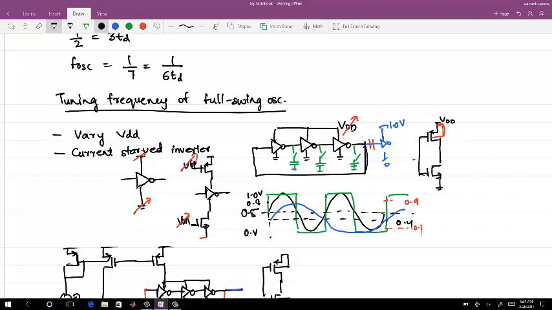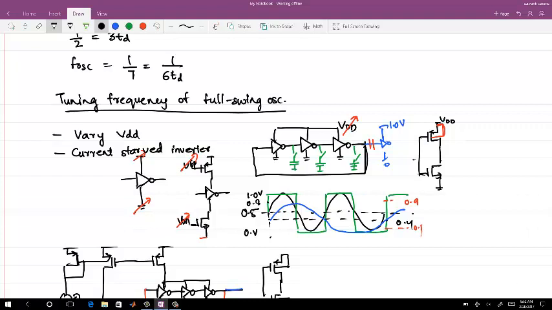It means I cannot trigger any of these switches below a certain VDD, but I still want a smaller frequency. What shall I do? You use these capacitors: you still operate at a higher supply voltage, but have a capacitor loading to change the charge and discharge time to get a lower frequency.